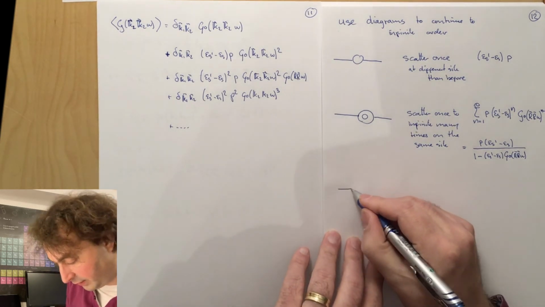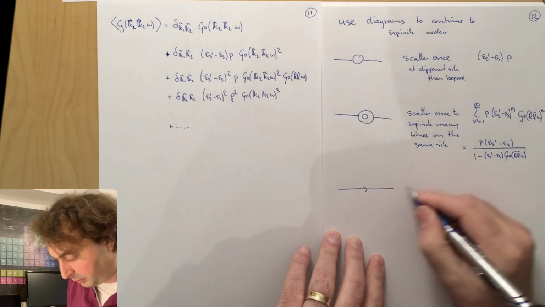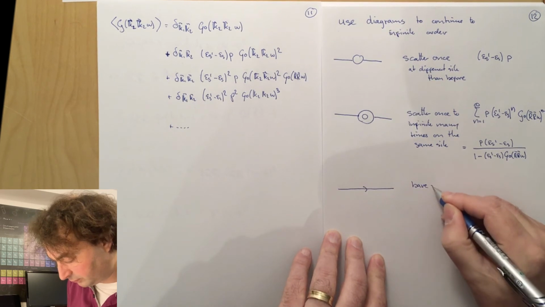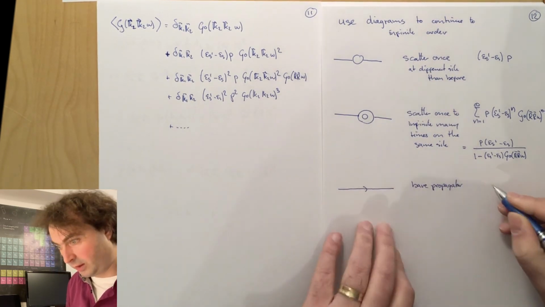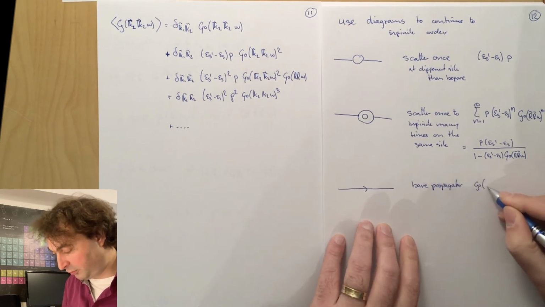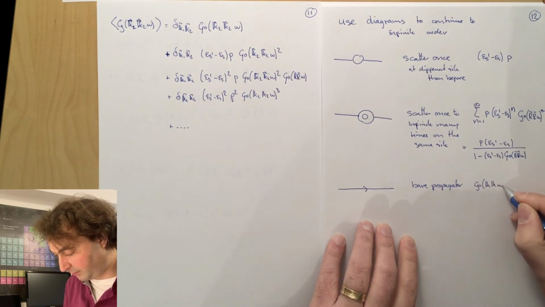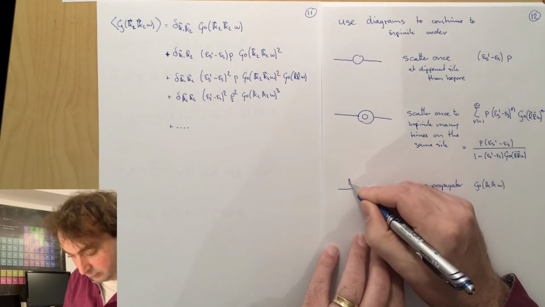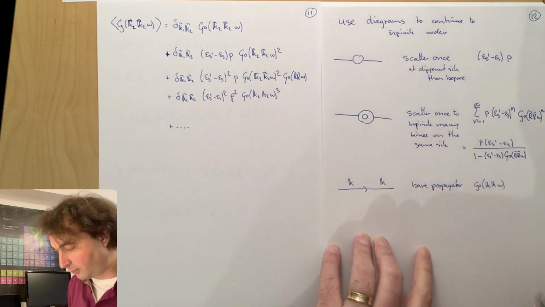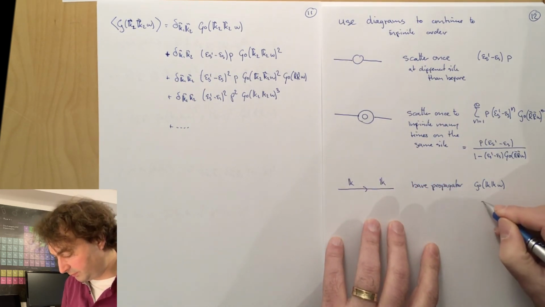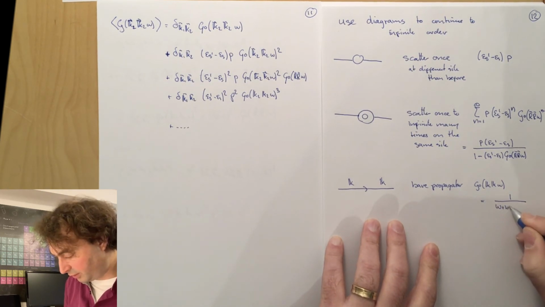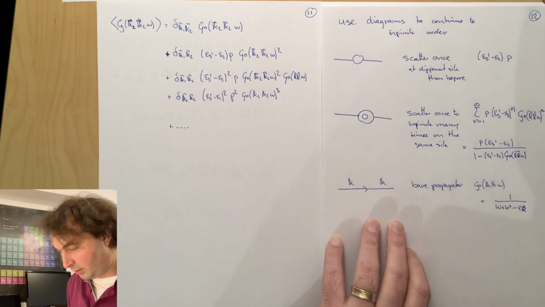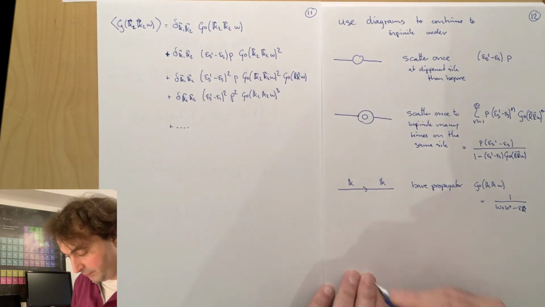Well, then we have our bare propagator. That is the propagator that we have for an electron propagating in a crystal without impurities, which is given as 1 over omega plus i0 plus minus the energy momentum dispersion.